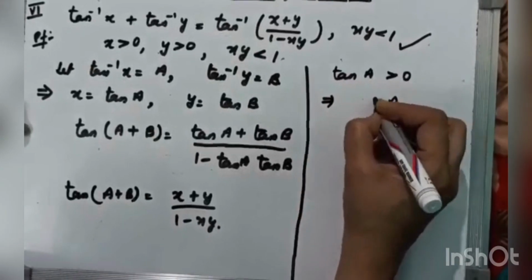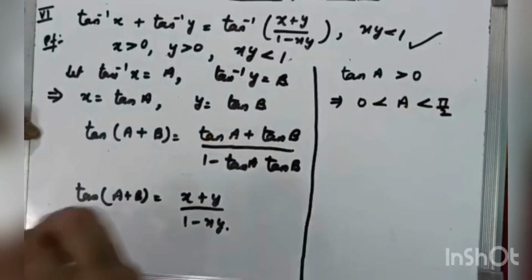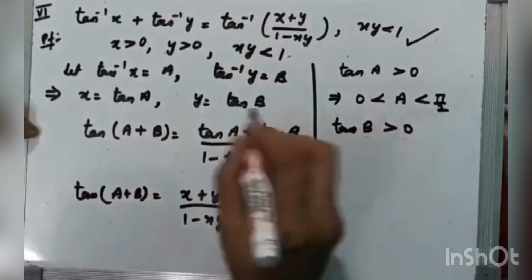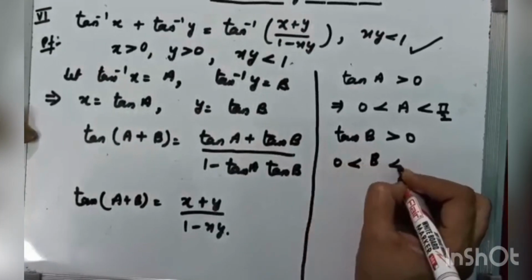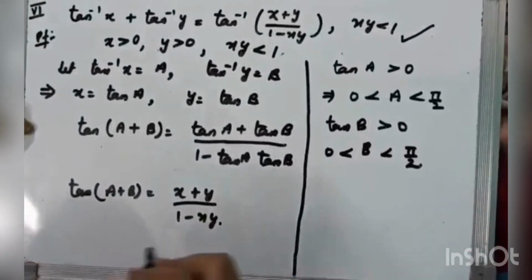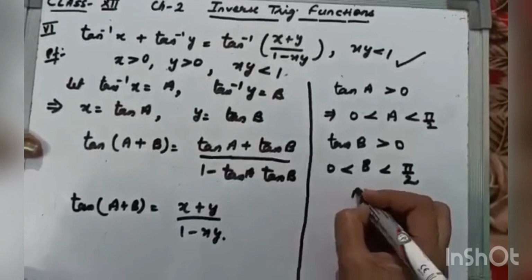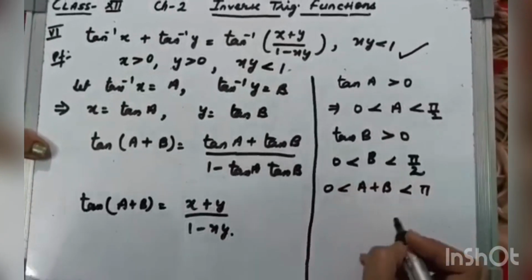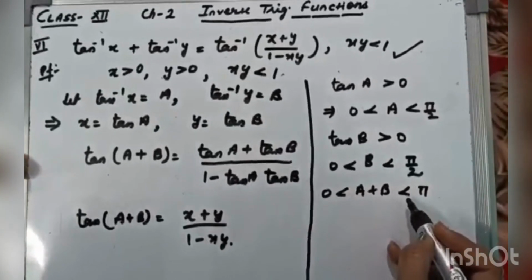This means a is greater than 0 and less than pi by 2, which means a belongs to the first quadrant. Similarly, tan b is also positive because y is positive. So b is also greater than 0 and less than pi by 2. So if we add the two, a plus b is greater than 0 and less than pi, which means a plus b belongs to the first quadrant or second quadrant.